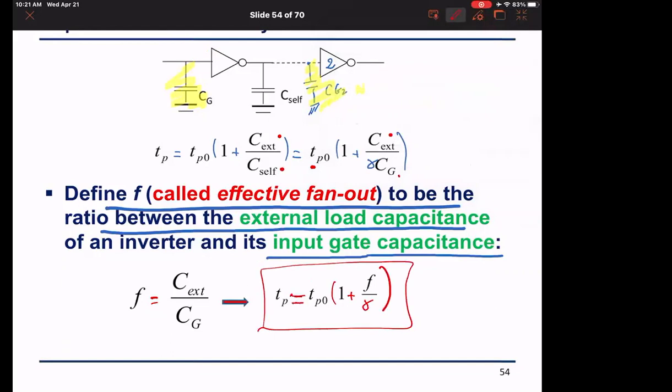If you tell me the ratio of C external to my CG, and you give me gamma and you give me TP0, I can tell you what my delay is. So here the equation is very important to remember.